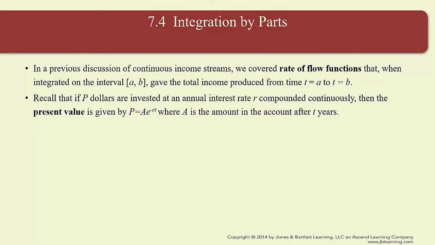The compound interest formula is A equals P e to the rt. If you take that formula and solve for P, that's where you get the present value as P equals A e to the negative rt.